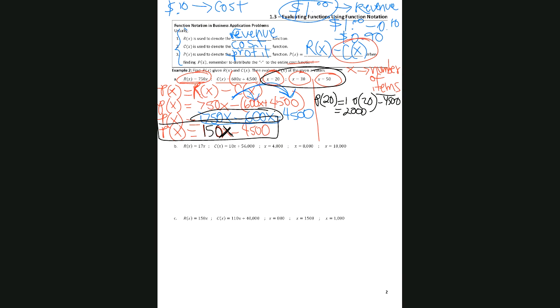It's 150x and 150 here. Think of it as me trying to see if you were paying attention. I'm going to go ahead and delete this because I don't need that anymore. Okay, so if we want to multiply 150 times 20, that will give us 3,000.